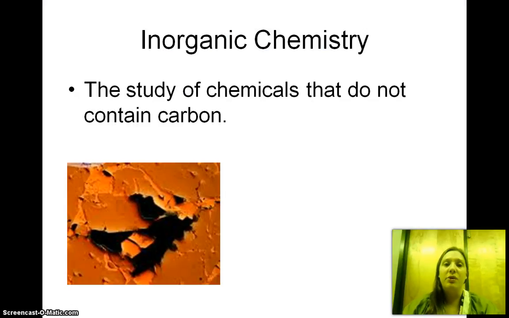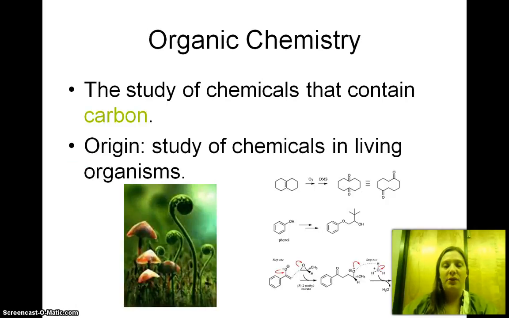So inorganic chemistry is the study of chemicals that do not contain carbon. So inorganic chemistry is the study of acids and bases and other sorts of chemical compounds, solvents, cleaners, and things like that. Whereas, oppositely, organic chemistry is the study of things that contain carbon.